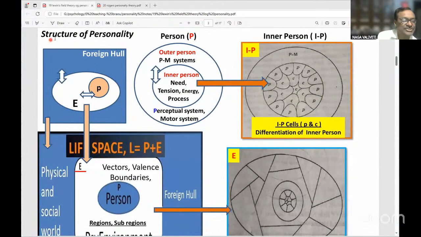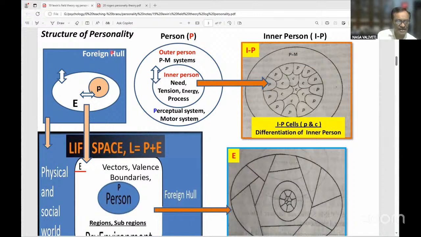Right. This is the structure of personality. In that personality, there is a person here. Around this person, there is the psychological environment. E is called the psychological environment. Around this psychological environment is nothing but the physical and social environments. There is a physical and social environment which is influencing you. It is creating needs for you. Looking at the shop, you will get the desire to purchase cloth, a dress, or eat food.